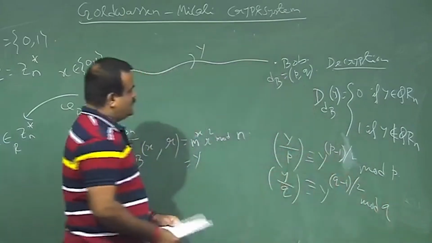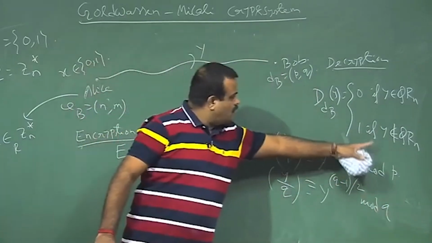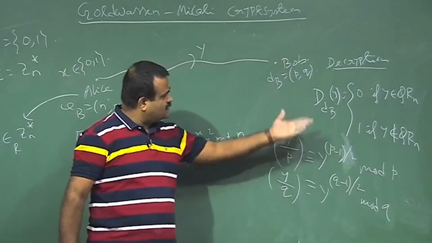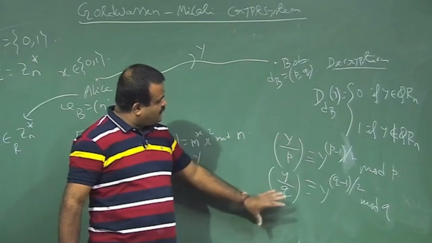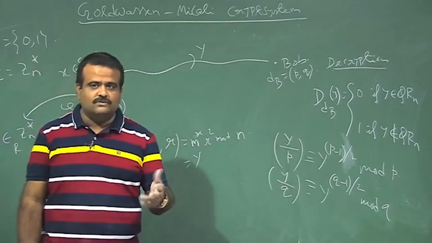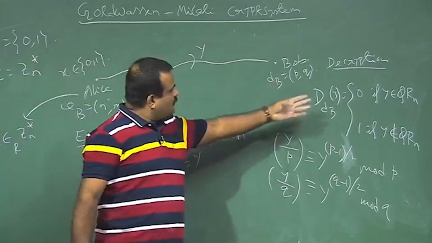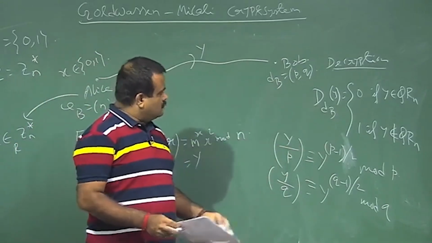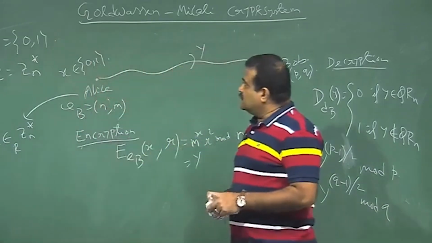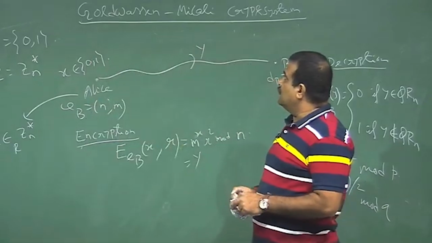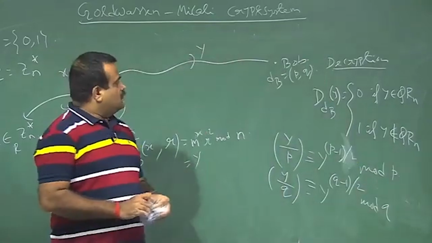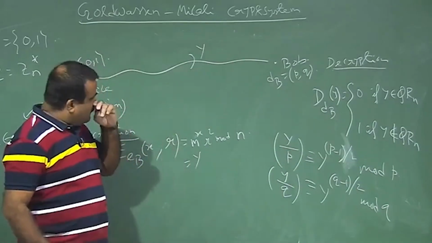If any one of these is not satisfied, then Bob can easily say y is not a quadratic residue, so the corresponding x is 1. Otherwise, if both are satisfied, then y is a quadratic residue mod n, and Bob will recover x as 0. Okay, so this algorithm, based on the Jacobi symbol, is called the Goldwasser-Micali algorithm. It is a probabilistic algorithm. Thank you.